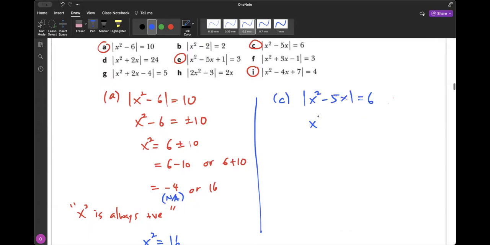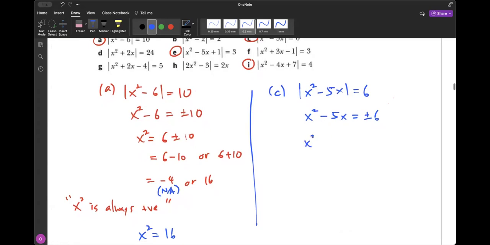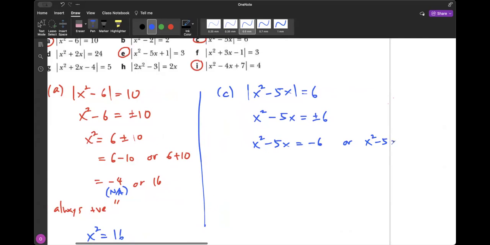When you remove the modulus here, there is a plus minus 6. So there are two possibilities, either equal to minus 6 or equal to positive 6. So now you have to solve two equations. Can you solve this? I think you should know how to solve this. The other one is this one.